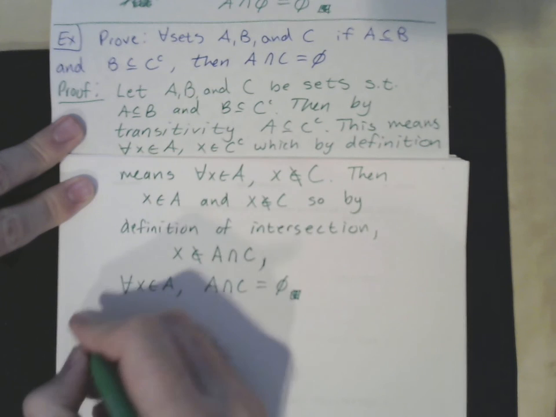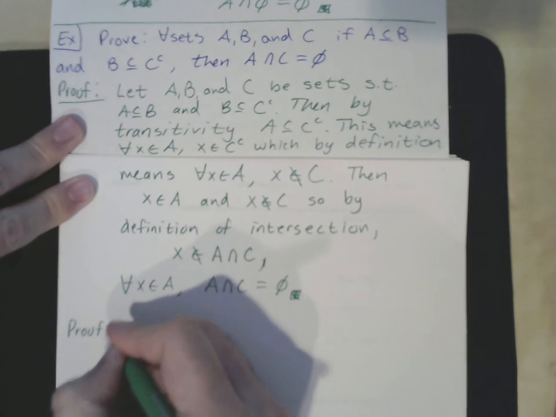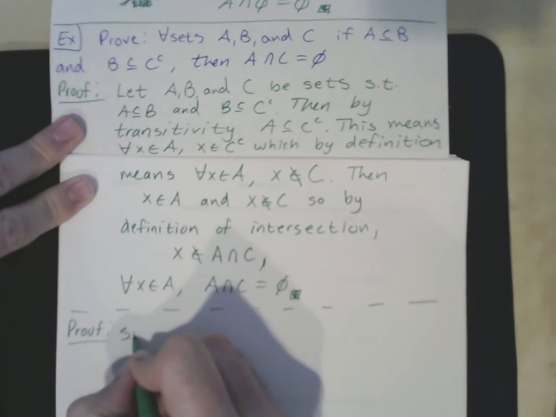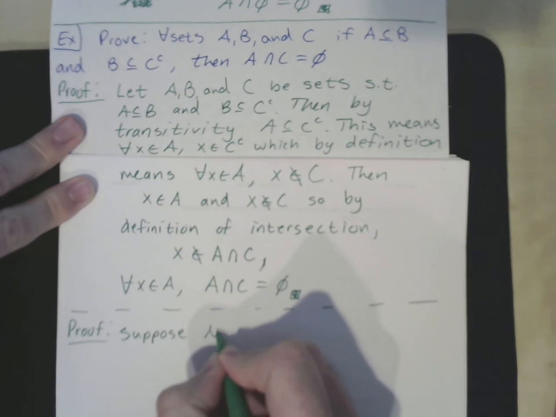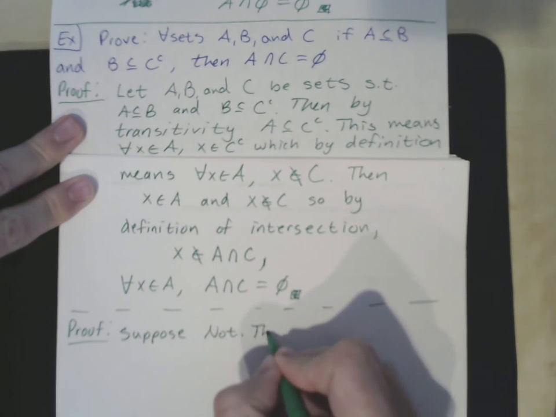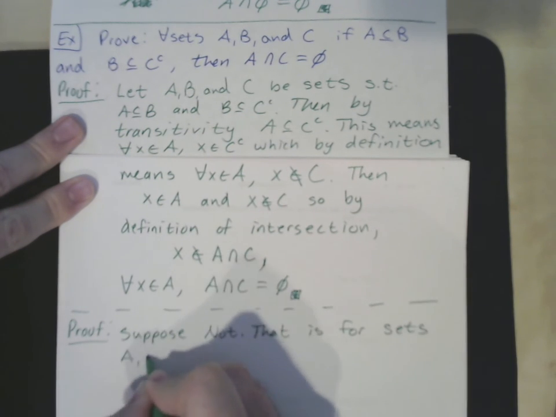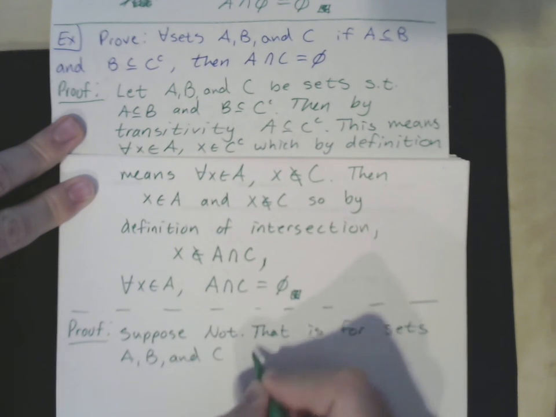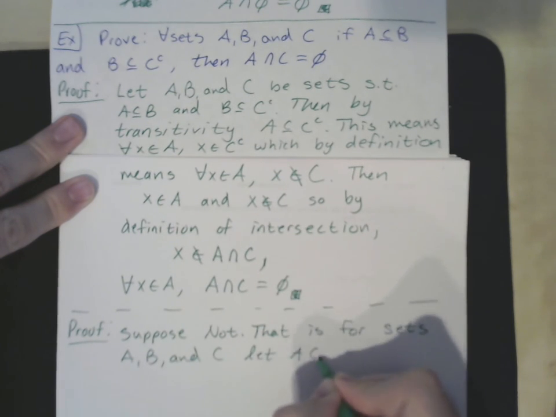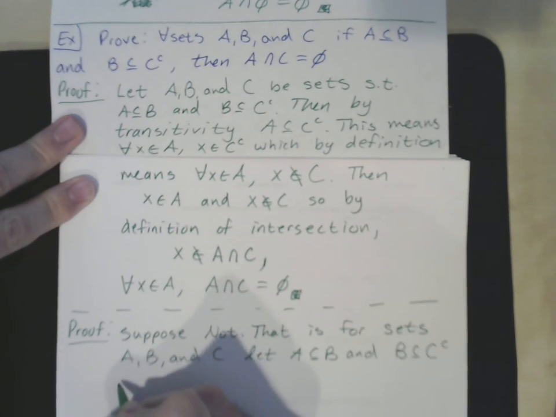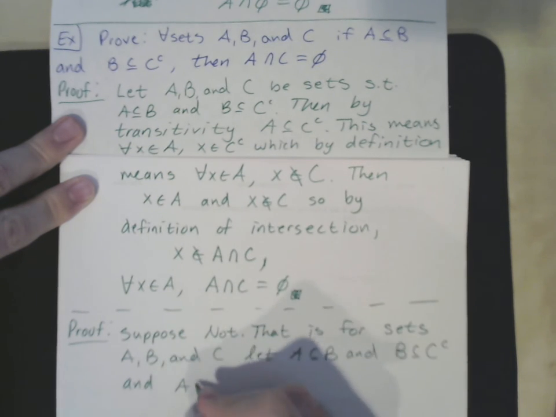Now again, that's the direct proof. So let's look at how we do this indirectly. Suppose not. That is, for sets A, B, and C, let A be a subset of B, and B be a subset of C complement, and A intersect C is non-empty.